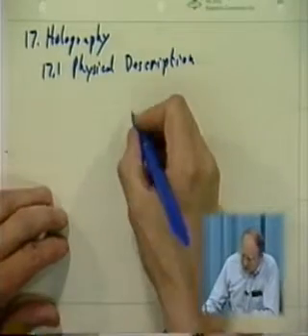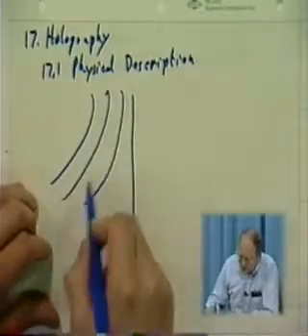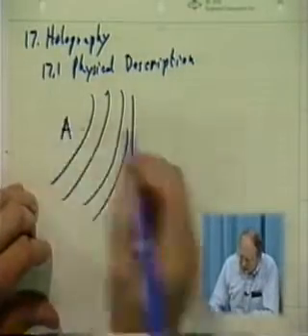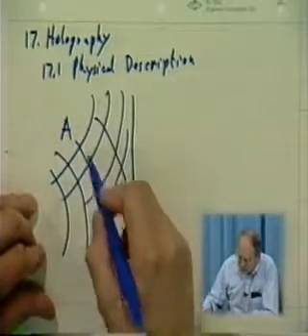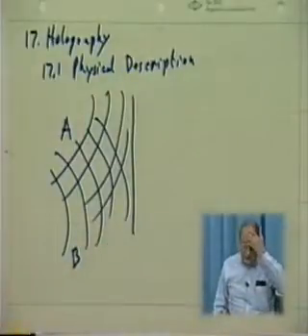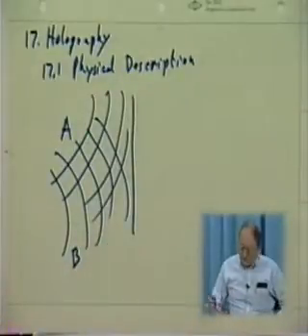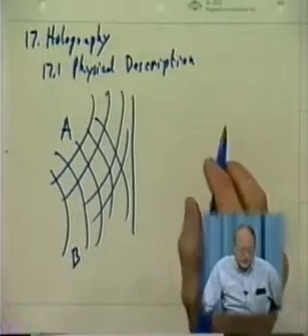Well, it's almost magic. You take one beam, call it beam A, and you take another beam, and call it beam B, and you combine these two beams, and assuming the two beams are coherent, we're going to get interference fringes.